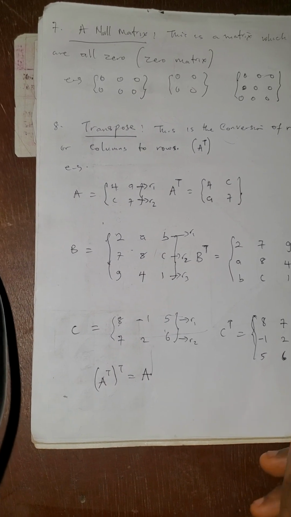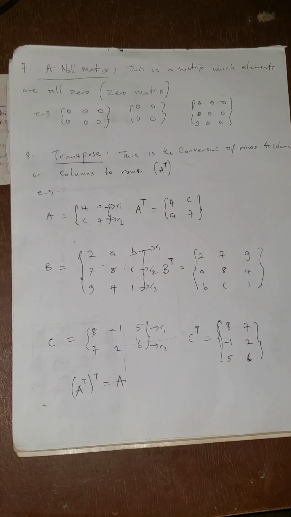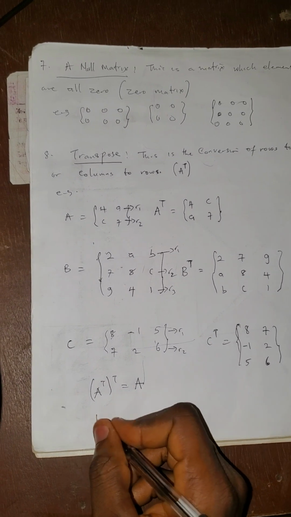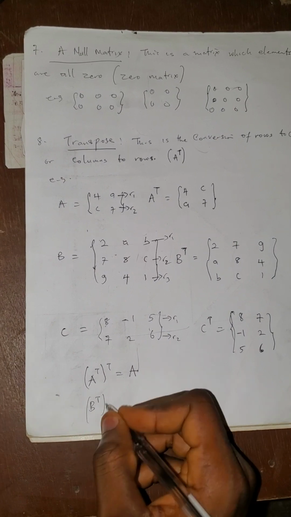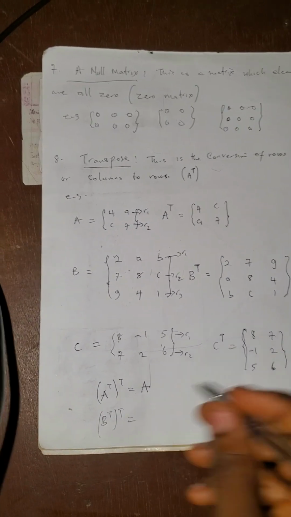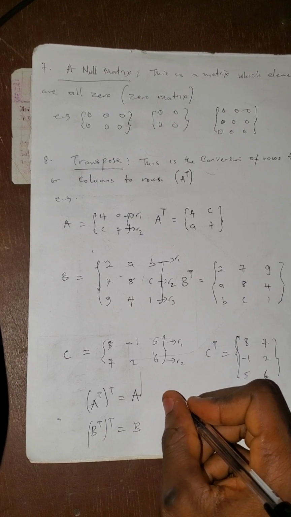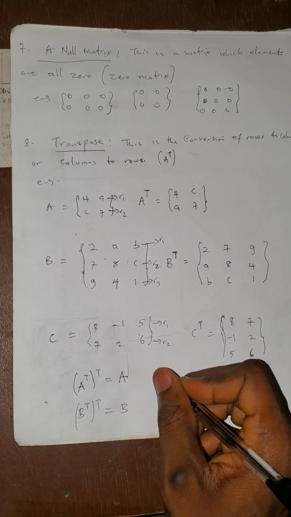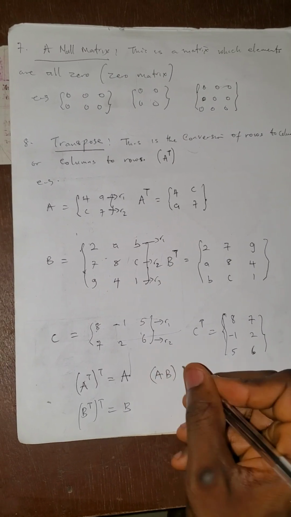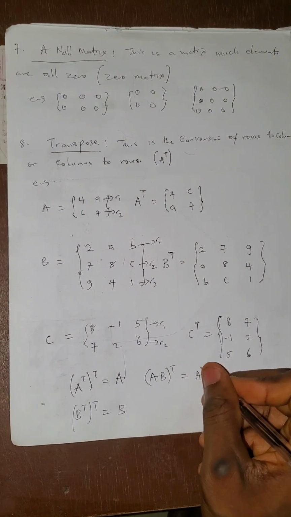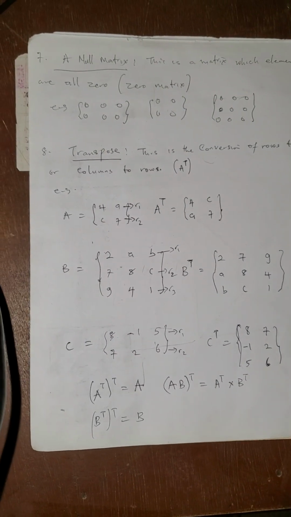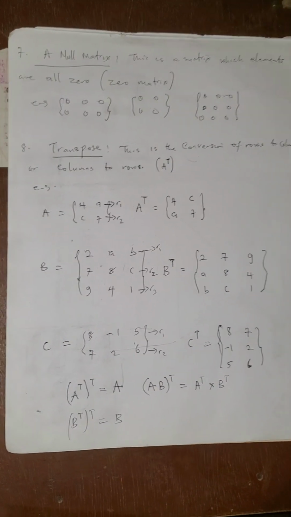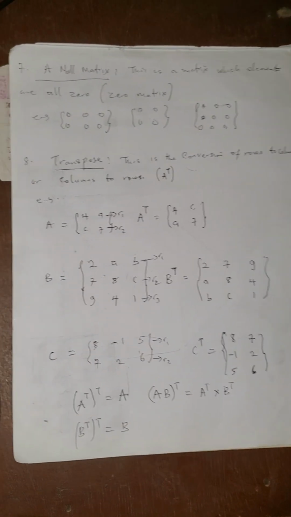So A transpose transpose will be A. B transpose transpose will be equal to B. Now if they ask you to find matrix A multiplied by matrix B, transpose, it can be equal to matrix A transpose multiplied by matrix B transpose. So you should note this. So let's go to number 9. Number 9 now.